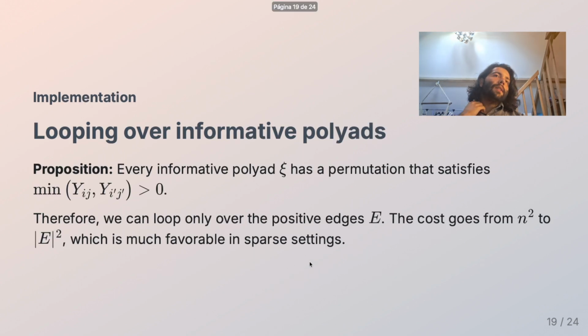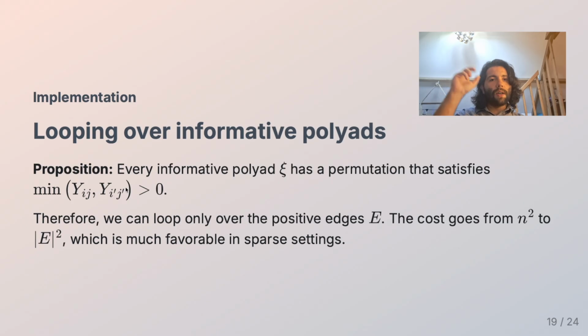And then the proposition here is that every informative polyad has a permutation that will satisfy this. So for it to be informative, we need the minimum of the positive signs or the minimum of the negative signs, at least one, to be bigger than 0.